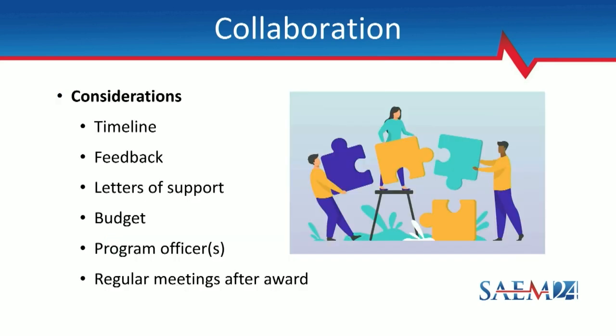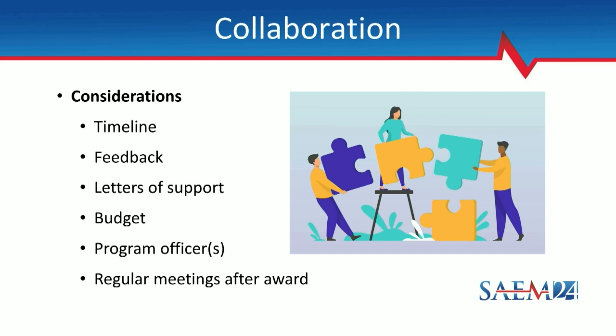I mentioned briefly that the timeline matters a lot. The timeline is critically important as you consider whether your ancillary idea or your science would match well with an existing trial or project. Of course, feedback: we got a lot of feedback from the BOOST-3 leadership team and continue to get feedback. We have monthly calls with them to continue to refine the approach we're taking.